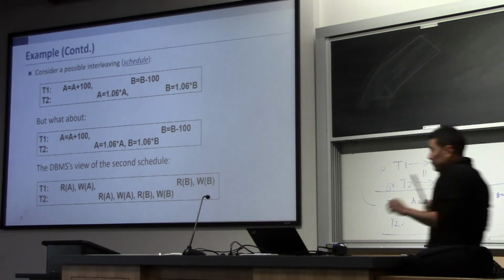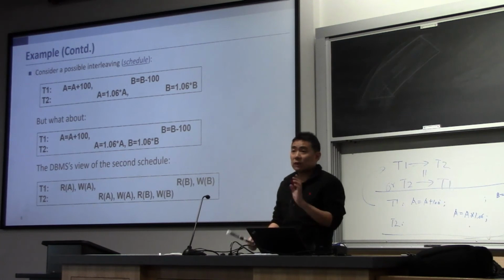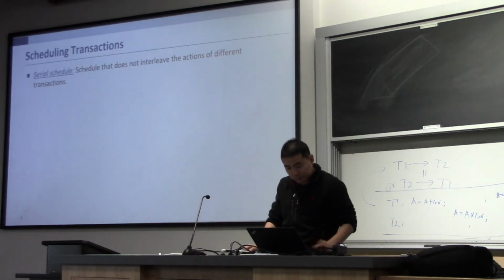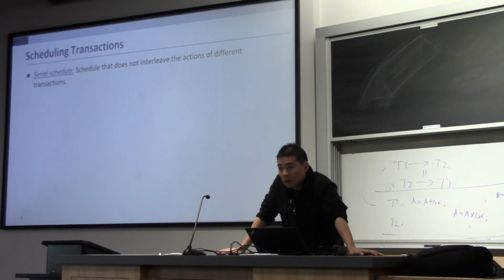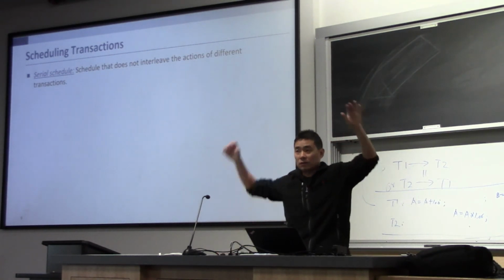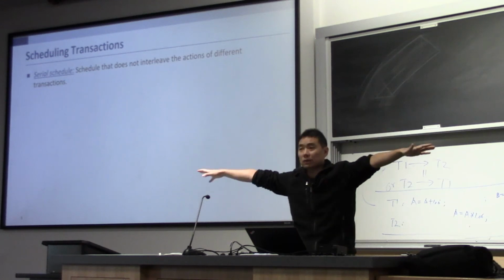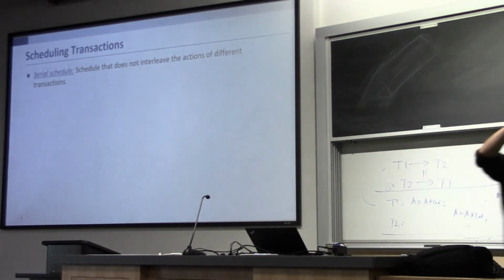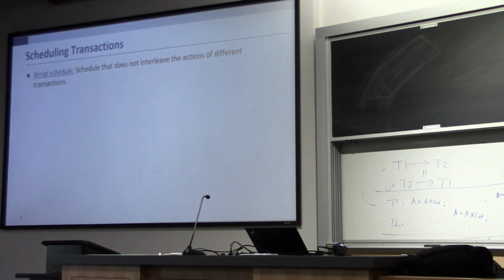Now, after we have done this abstraction, we can start reasoning about how this is done. Your problem boils down to the following: given multiple transactions, where each transaction is simply a sequence of read and write on different objects in your database, you throw away all the business logic: $100 transfer, 6% interest, update GPA from 3.0 to 3.5.